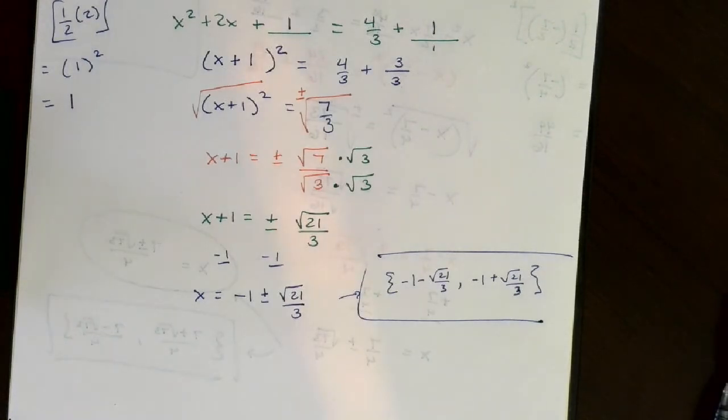Let's take a look at another one here. And if you haven't already done so, you might want to pause this before we do it and try it on your own.